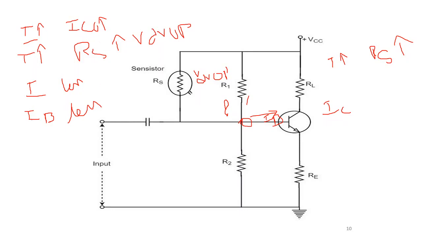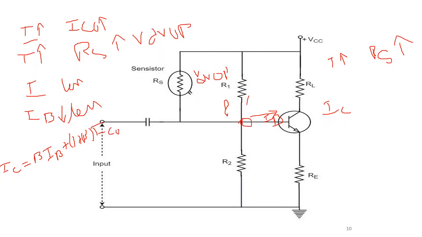Whenever IB is decreased, according to the equation, we know that IC equals beta times IB plus (1 plus beta) times ICO, right?